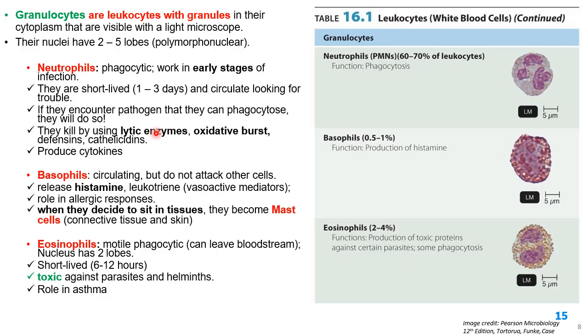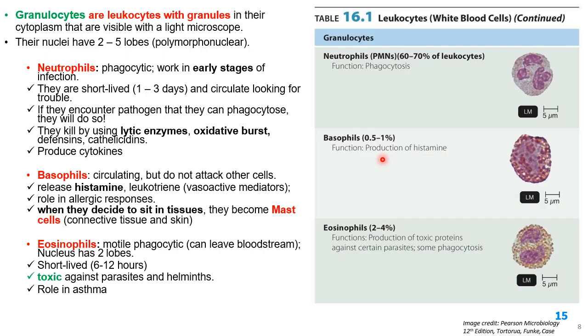In case a pathogen is not killed with the enzymes, which is actually 98% of pathogens that are ingested, then you activate the oxidative burst, and that should kill the pathogen. Okay, so neutrophils are very, very good at that, and they patrol pathogens in the blood.